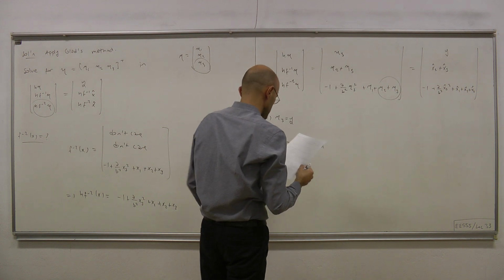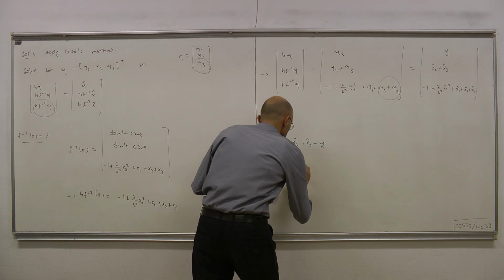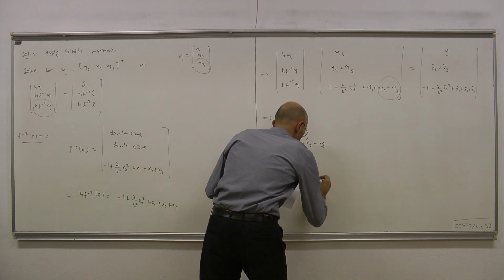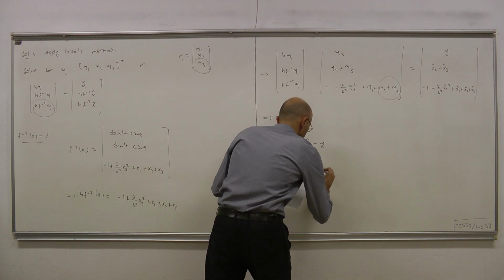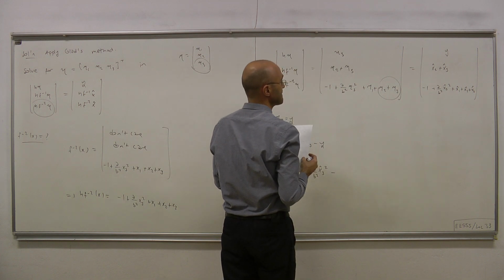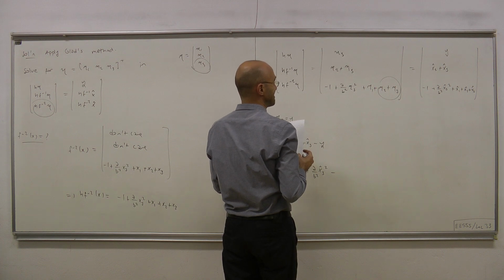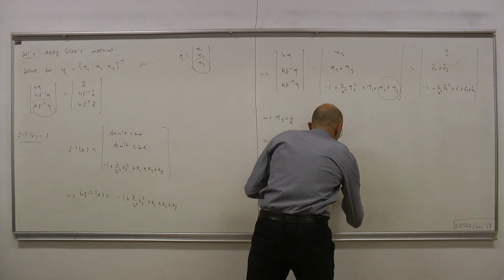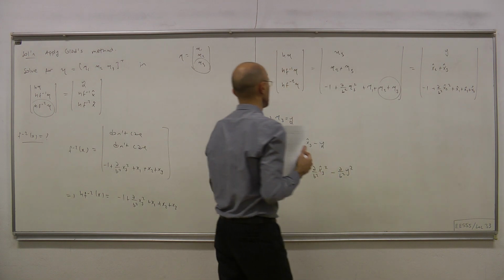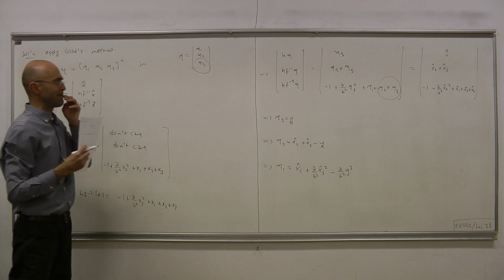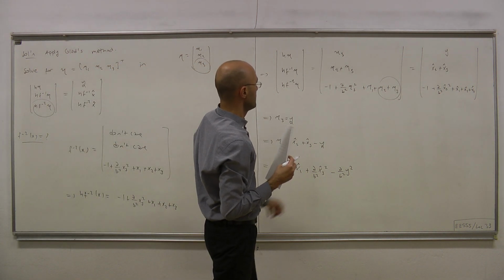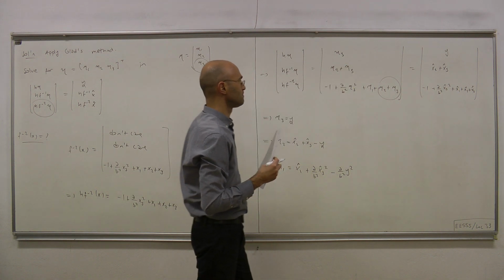And what remains is then eta 1 equals x1 hat plus a over b squared x3 hat squared minus y squared, because eta 3 is y.